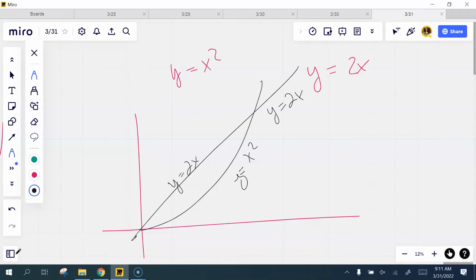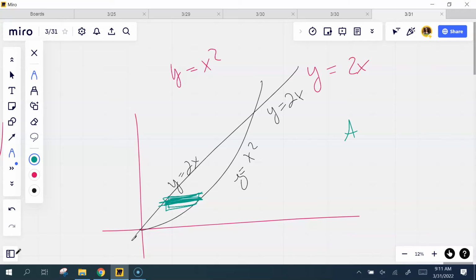And it asked for cross sections perpendicular to the y-axis. So that means my cross sections are looking like this. It says that each cross section perpendicular to the y-axis is a rectangle whose height is 3 times its base.